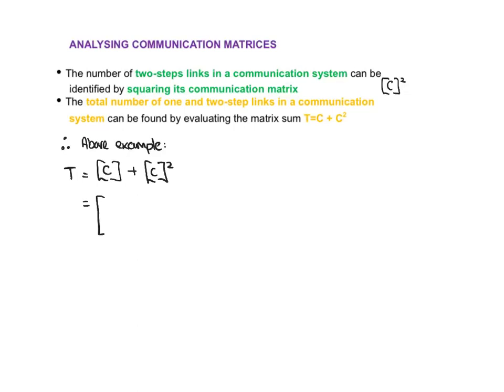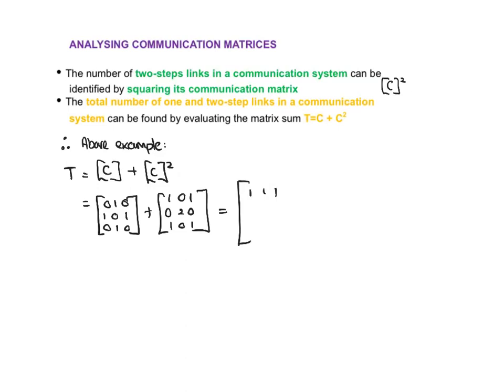So if we wrote those matrices out, remember when we add matrices we just add the like elements. So that's C, and I'm writing out C squared here. So there was my 2 options we talked about. Okay, so when we do that, we add all the like elements.